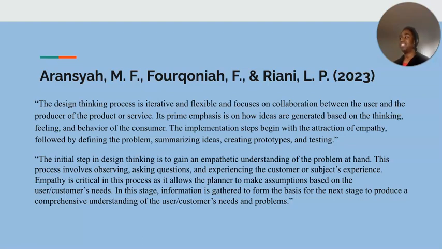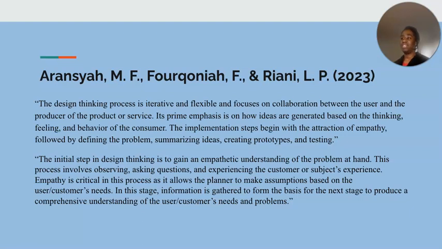The implementation steps begin with the attraction of empathy, followed by defining the problem, summarizing the ideas, creating prototypes, and finally testing. The initial step in design thinking is to gain an empathetic understanding of the problem at hand. This process involves observing, asking questions, and experiencing the customer or subject's experience.